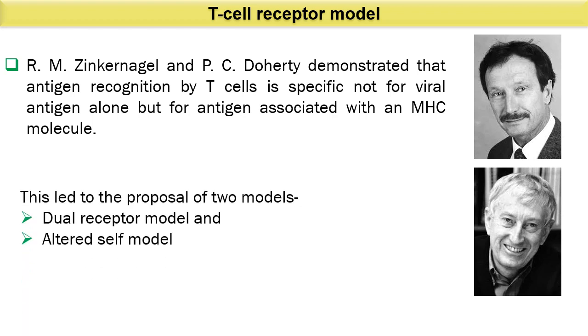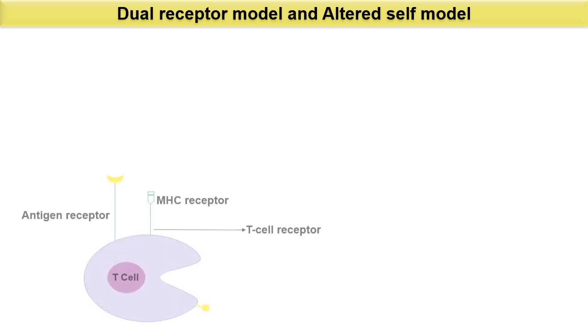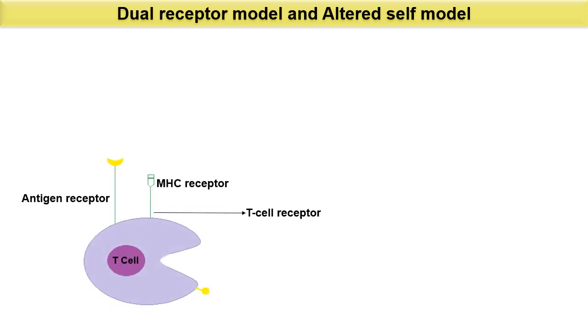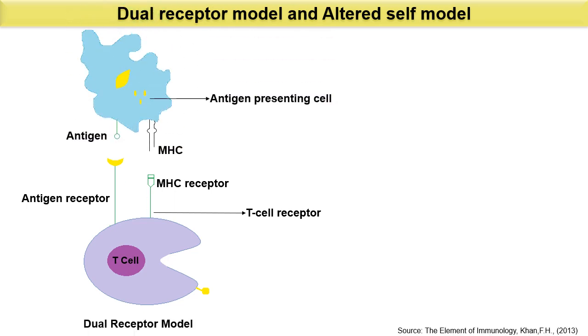This led to the proposal of two models, the dual receptor model and the altered self model. So, what is a dual receptor model? I will try to present it by a diagram. The dual receptor model predicts that the T-cell has two receptors, where one receptor recognizes the antigen present on the cell surface and the other recognizes the MHC molecules located at some distance.